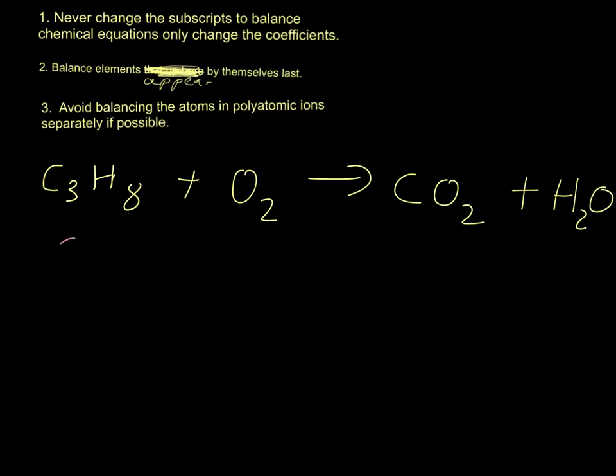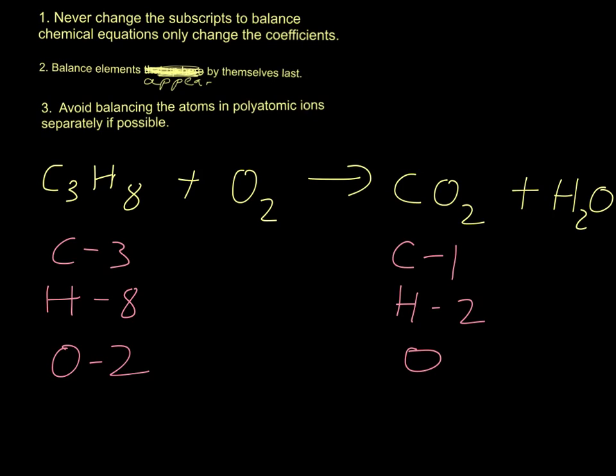Take your inventory. 3 carbons, 8 hydrogens, 2 oxygens. On the other side, 1 carbon, 2 hydrogens, and I'm going to write my oxygens in such a way that it serves as a mnemonic device. I have 2 oxygens here, and I have 1 oxygen over here.